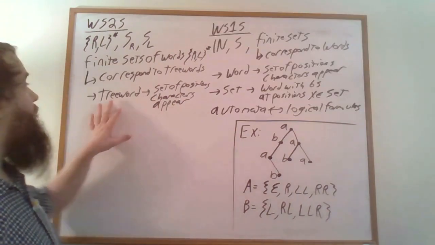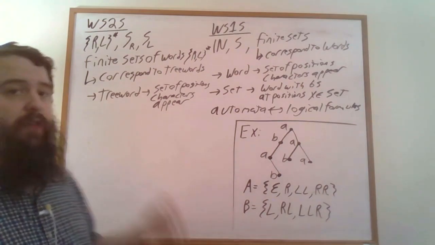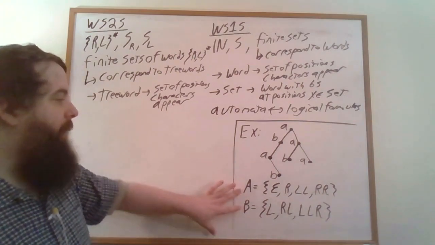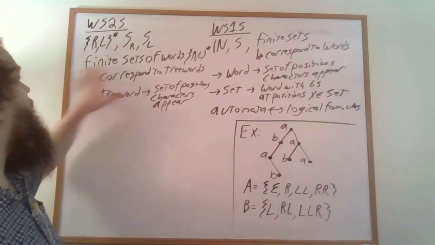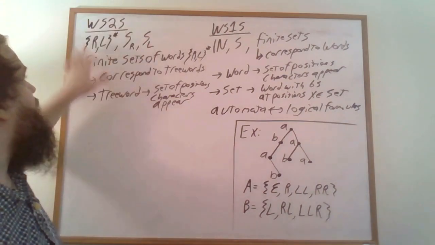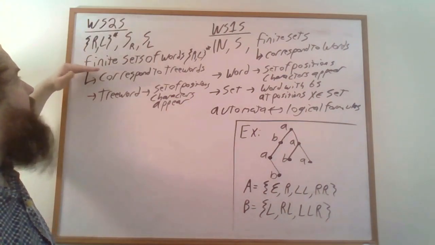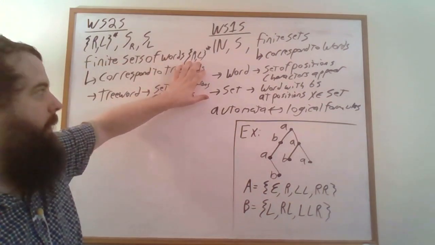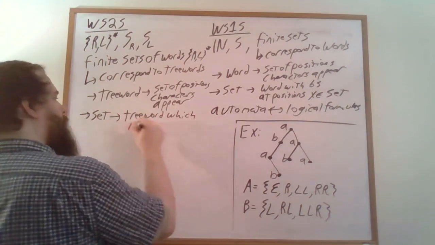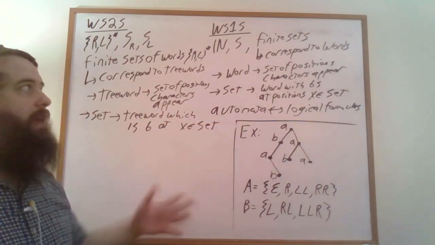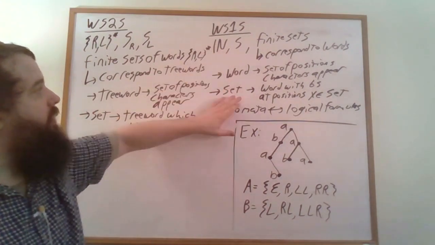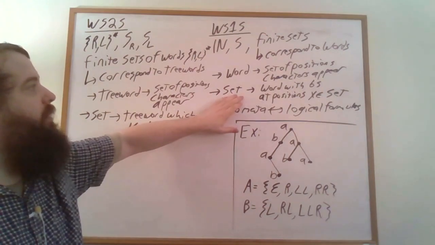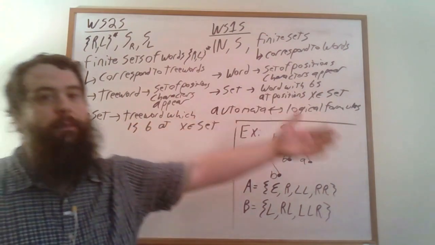So we can represent a tree word on the characters A and B as a pair of second-order elements within weak S2S, a pair of finite sets of words on the characters R and L. And similarly to the case of weak S1S, if we have a set, we can translate it back.